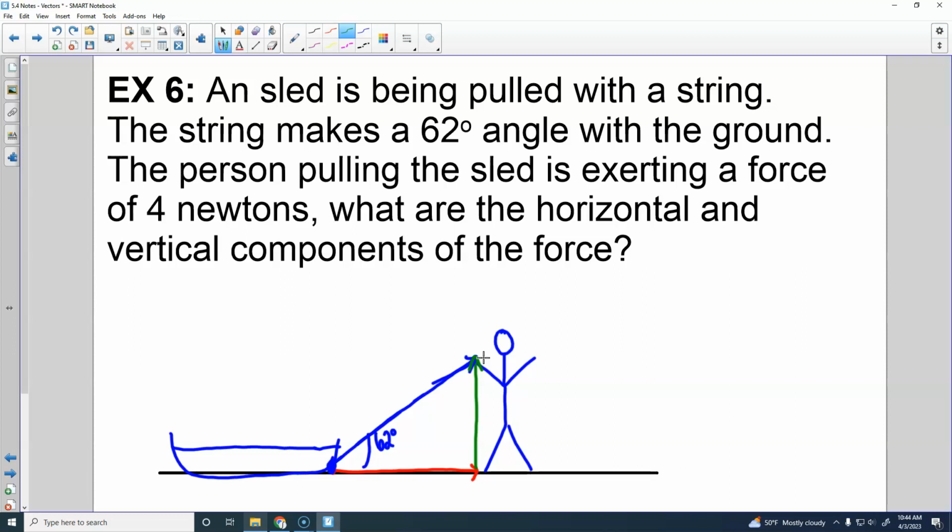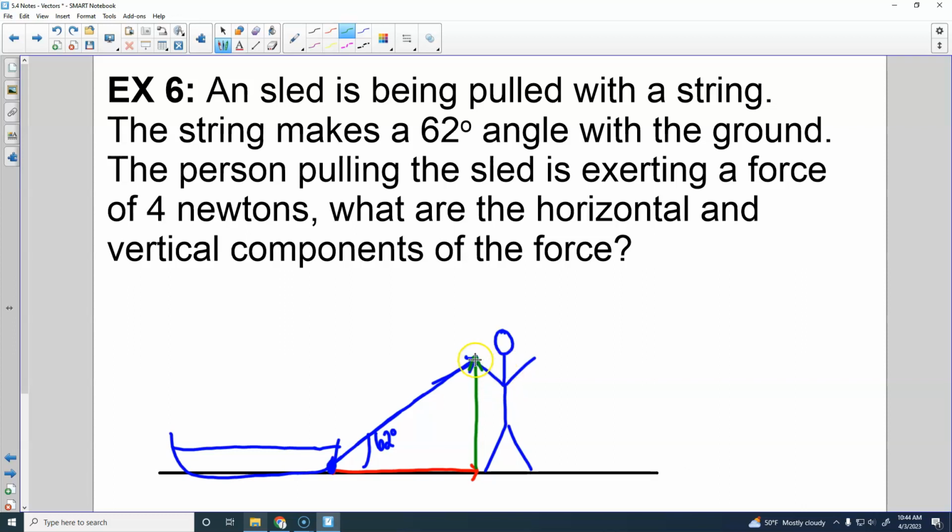we're going to have to get on the ground and crawl to pull it. So while it would be more efficient in the pulling of the sled, it's much less efficient for the human body to have to crawl on the ground, right? So nobody really wants to do that. But any upward force is basically just wasted force because you're not pulling the sled anywhere with that upward force.